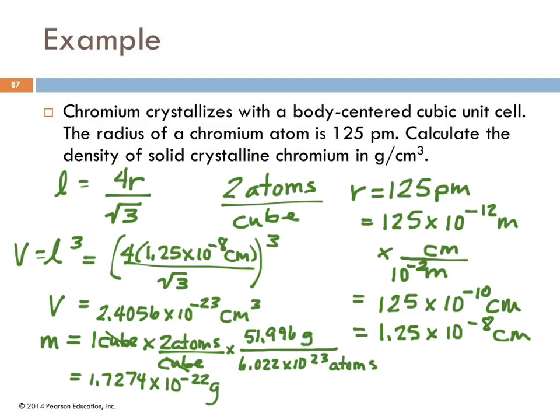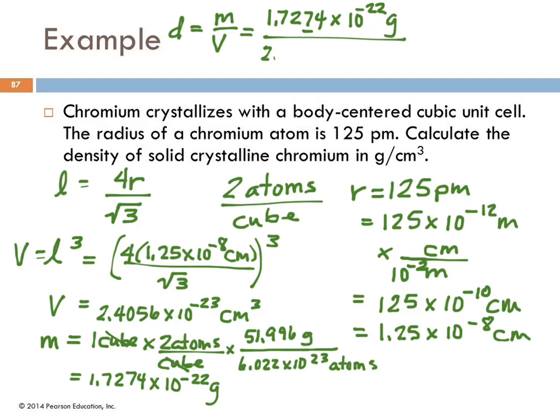I'm going to give up on the bottom of the screen there and go up here. Density is mass over volume. So I've got the mass. That one actually does have 5 sig figs. Well, no, it's got 4 because of Avogadro's number. That many grams divided by the volume.